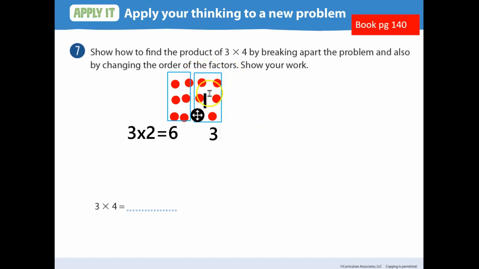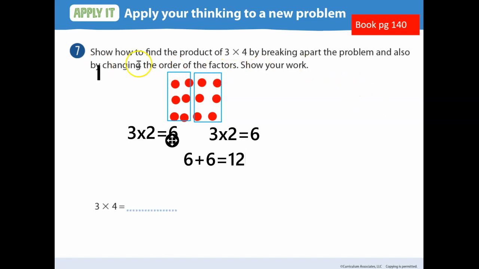I have 1 row, 2 rows, 3 rows. Times how many in each row? 2. I have 2 in each row, or 2 columns. That also equals 6. And then what do they do to solve the whole thing? Don't I add both products? So 6 plus 6, which is 12.